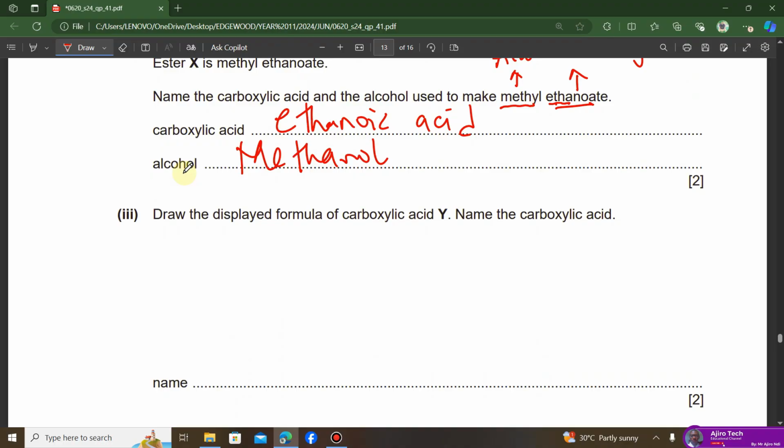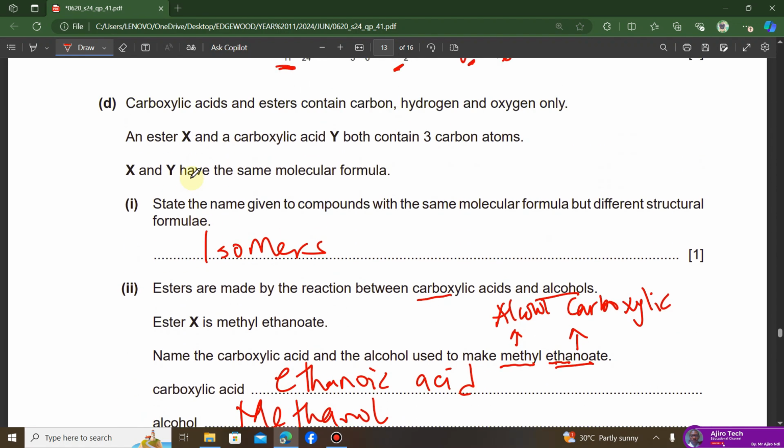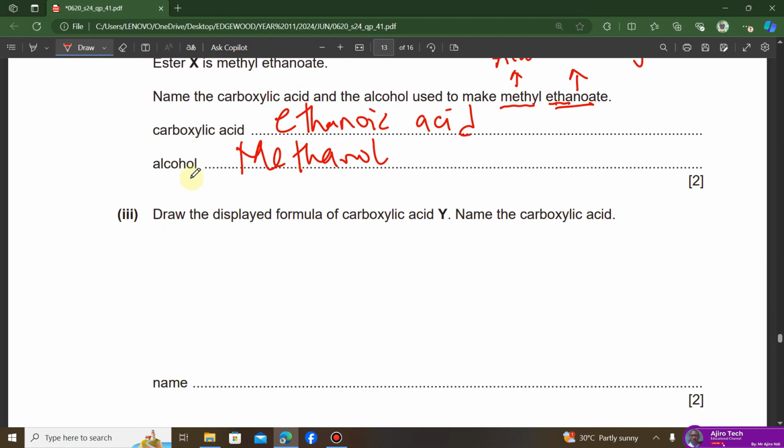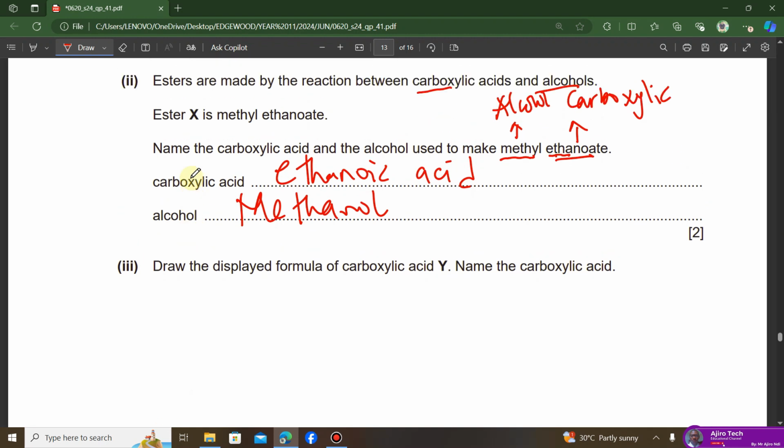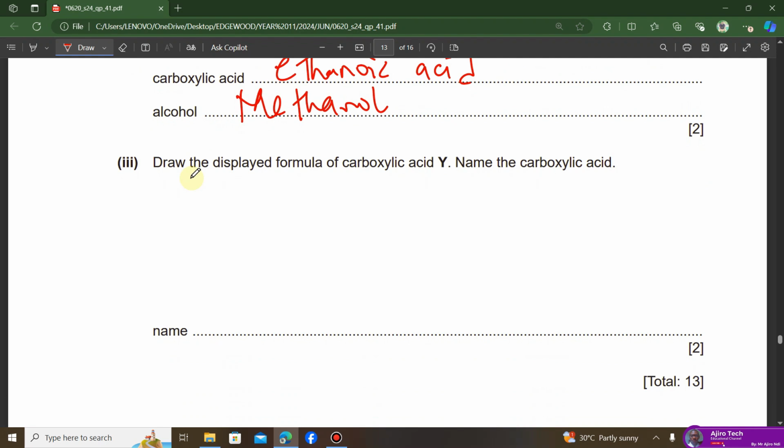So the last one here says, draw the displayed formula of carboxylic acid Y. So we're asked to draw carboxylic acid Y, knowing that it contains 3 carbon atoms. So remember the general formula of carboxylic acid is CnH2n+1COOH.